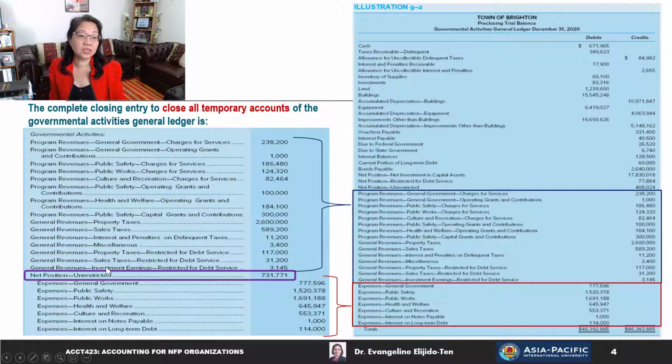The difference of your total debit and total credit is closed to the net position unrestricted. So $731,771 is the difference between the total debits and credits, and so we are going to debit it to net position unrestricted, thereby reducing the balance of this net position unrestricted account.